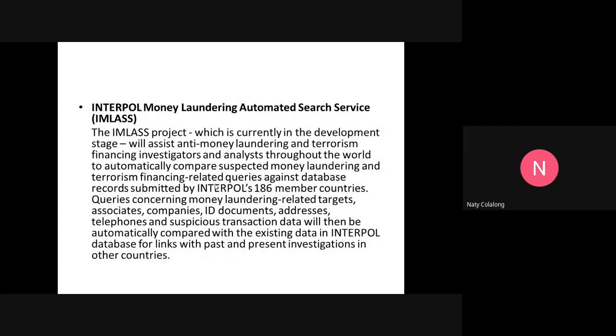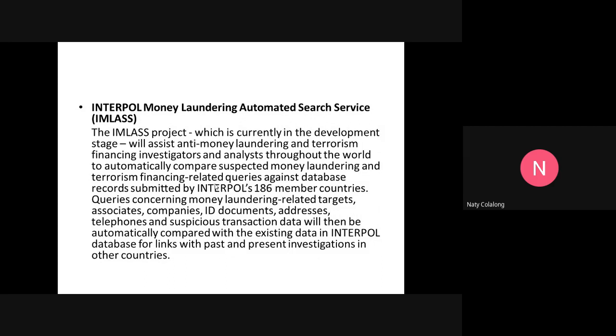Then we have the Interpol Money Laundering Automated Search Service, or the IMLAS. The IMLAS project, which is currently in the development stage, will assist anti-money laundering and terrorism financing investigators and analysts throughout the world to automatically compare suspected money laundering and terrorism financing related queries against database records submitted by Interpol's 186 member countries.